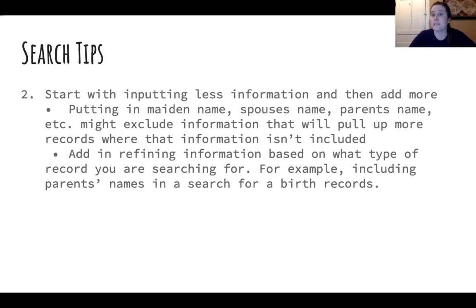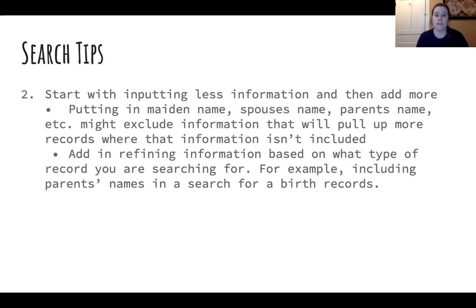So, for example, if you're searching for a woman who got married and changed her name, by using only her married name, you're going to miss all those records that have her maiden name. And if you put in all the spouse's information as well, you're not going to get those results that aren't pertaining to the spouse.